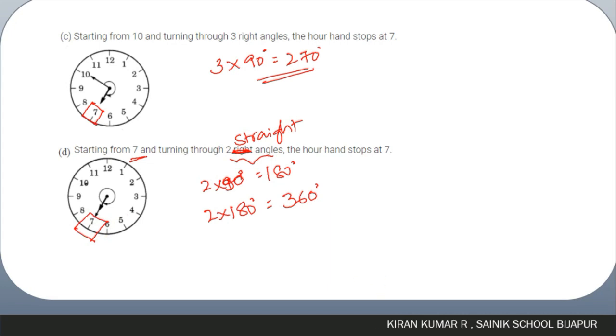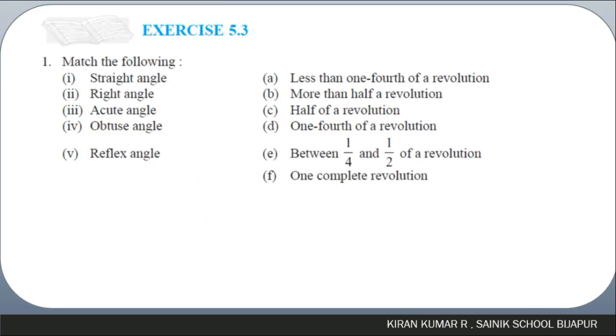Let's take up the next set of questions from exercise 5.3. It's all about match the following. Look at the 2 columns here. Straight angle, it makes half a revolution.